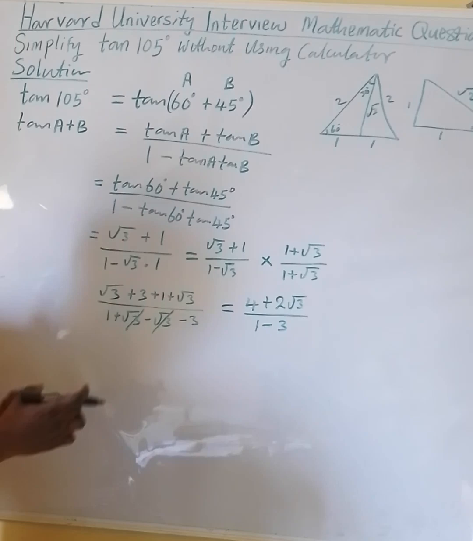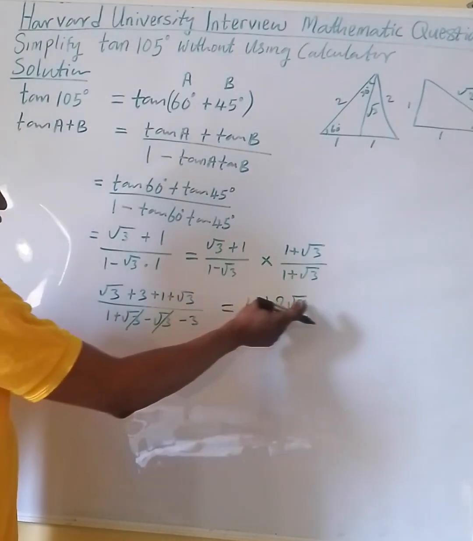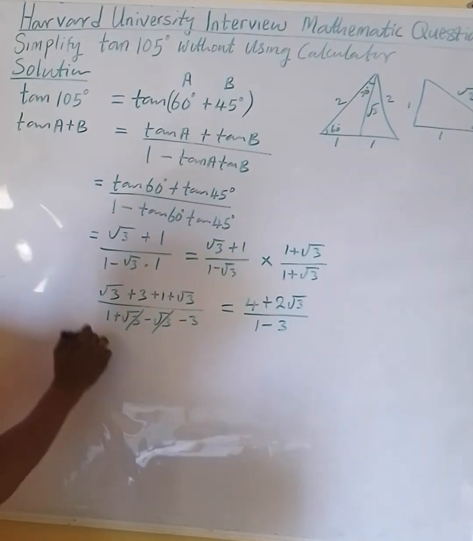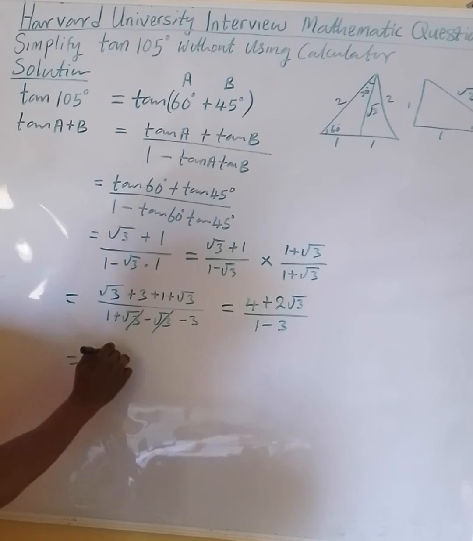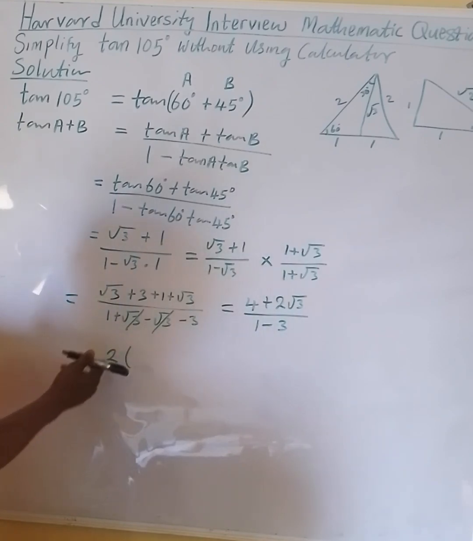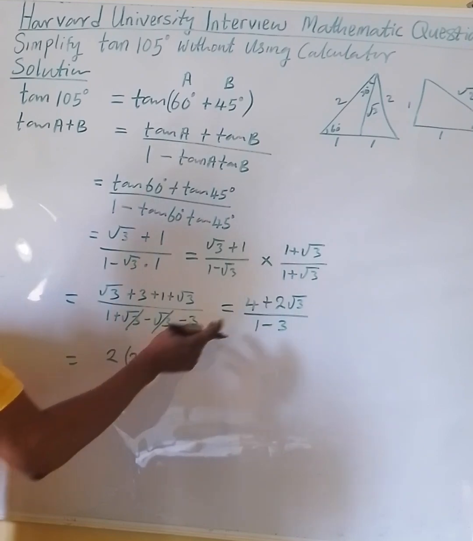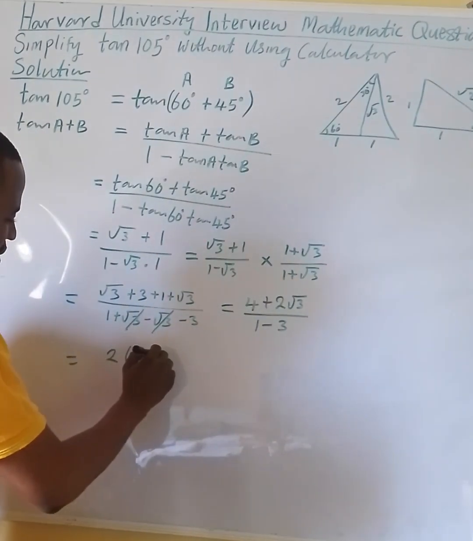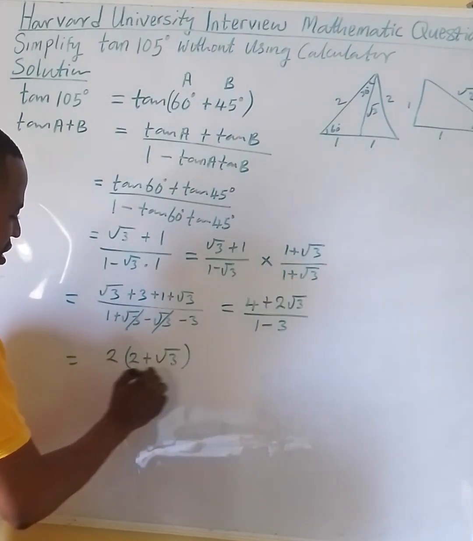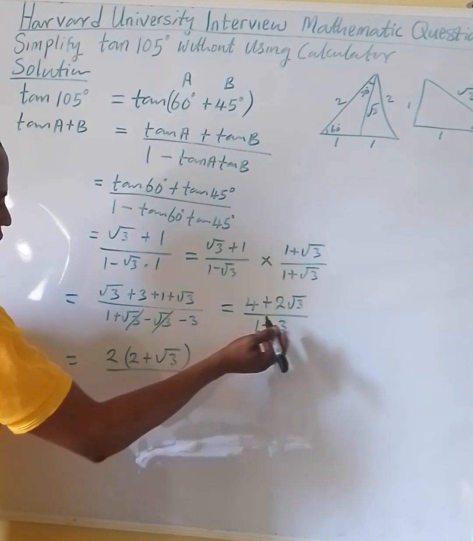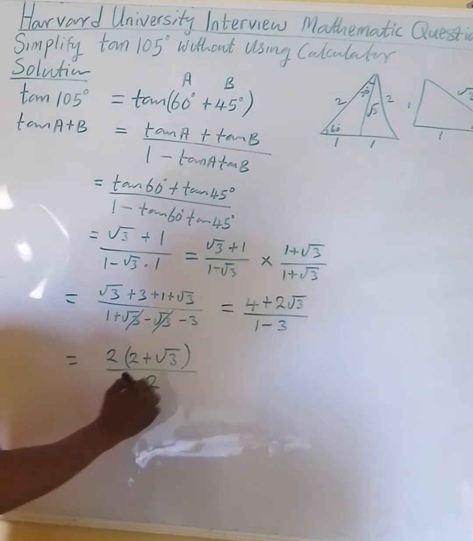So they have something in common. What is the common factor here? It is 2. So we bring out that 2 as common factor. Then you open bracket: 2 into 4 gives 2, plus 2 into 2 root 3 gives root 3, all over 1 minus 3, so we have minus 2.